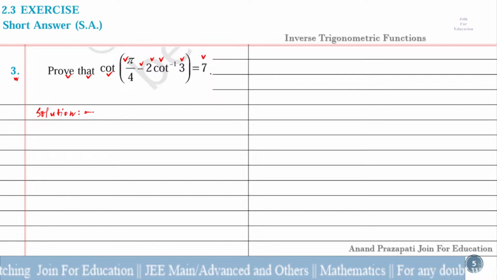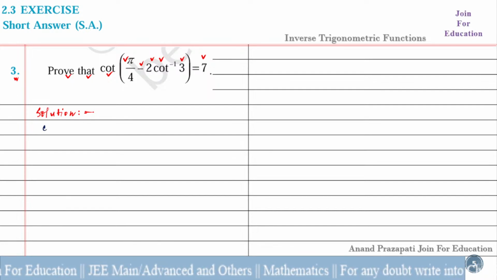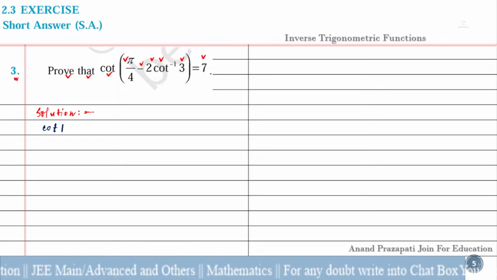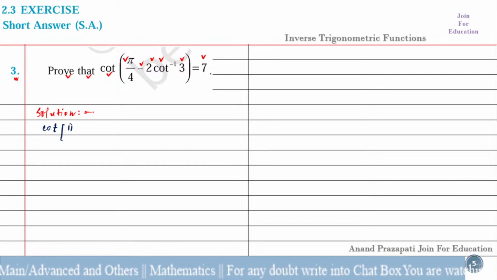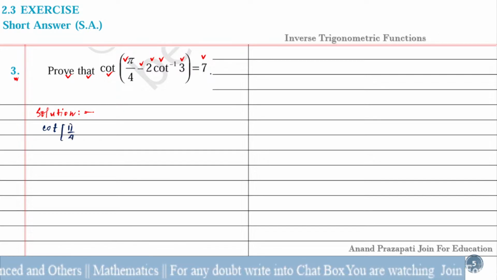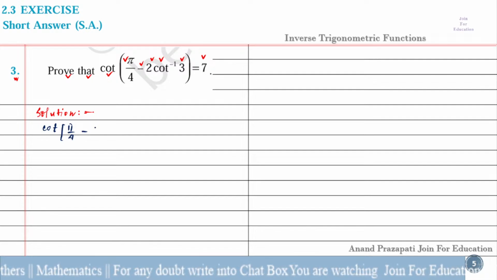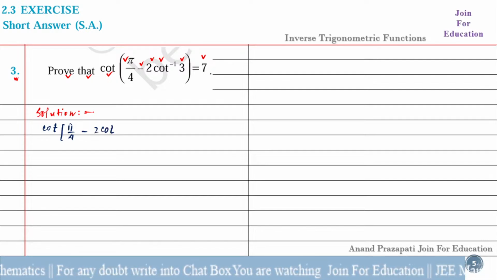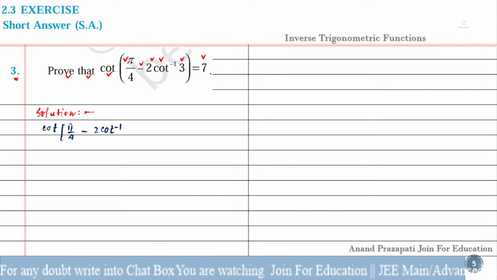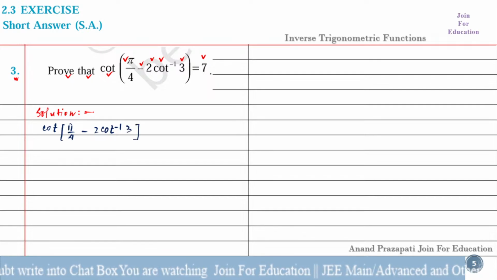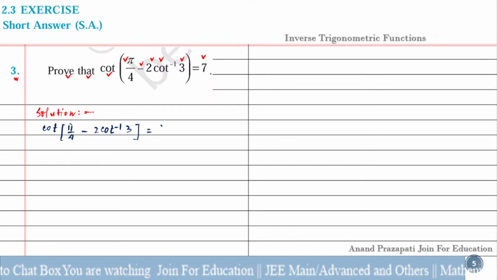So we write cot of pi by 4 minus 2 cot inverse 3 equal to 7.